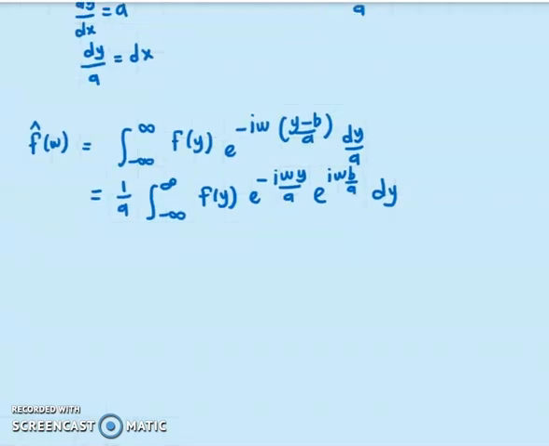Are you with me? So what happened here? You just split the exponential into e^(-i omega y / a) for this one, and the negative becomes positive, e^(i omega b / a).